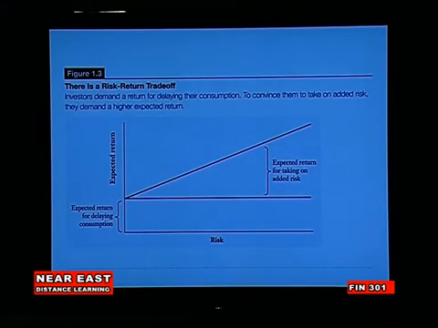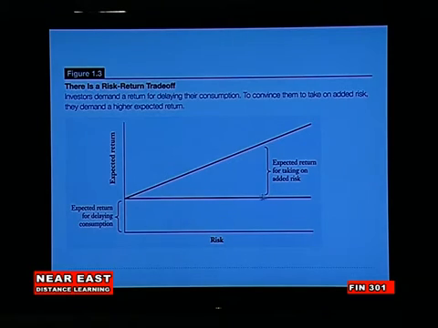This figure explains the relationship between risk and return. Now, we will see the relationship between the expected return and the risk.